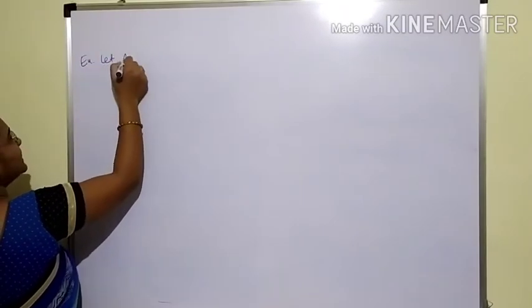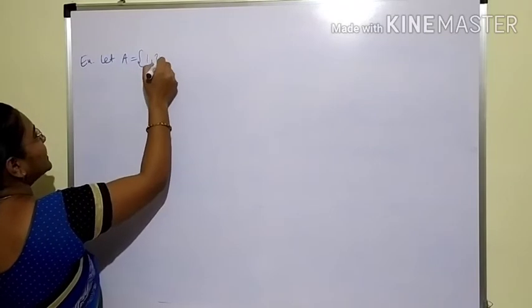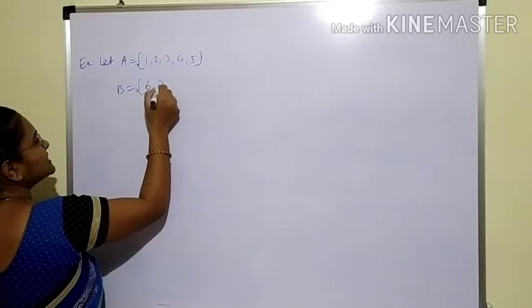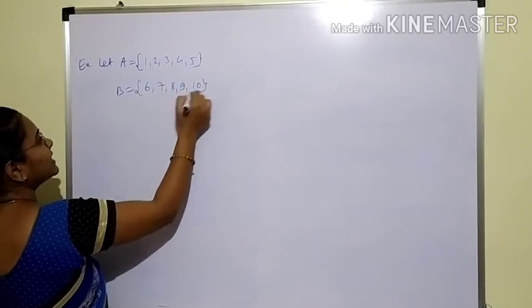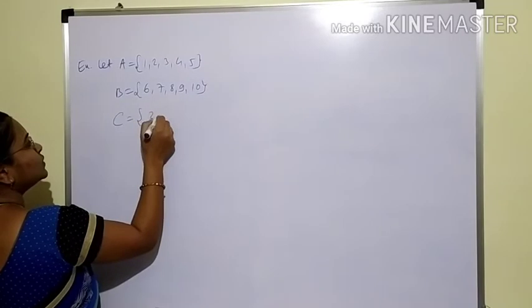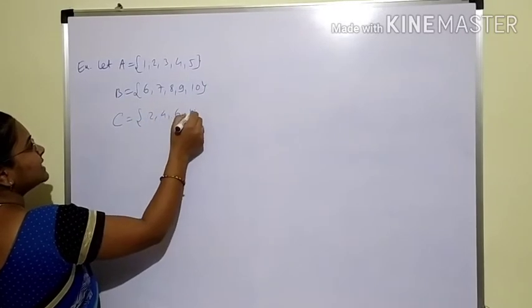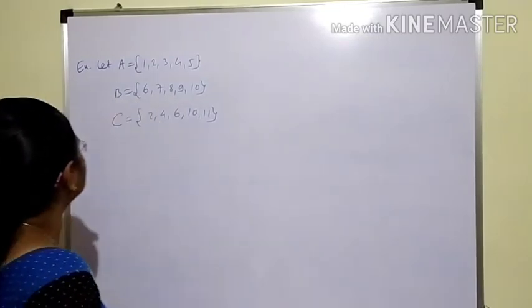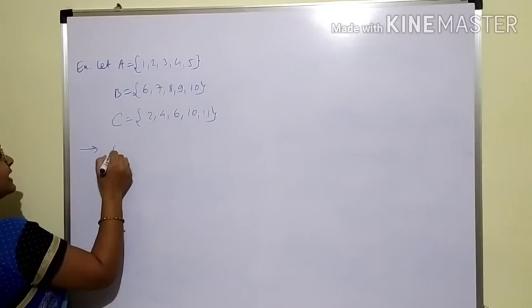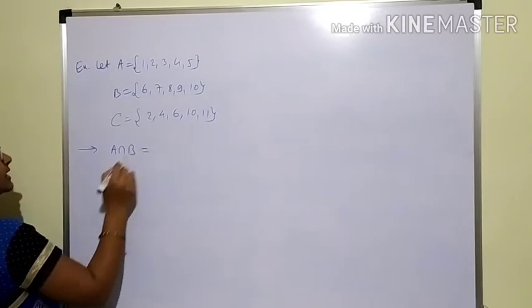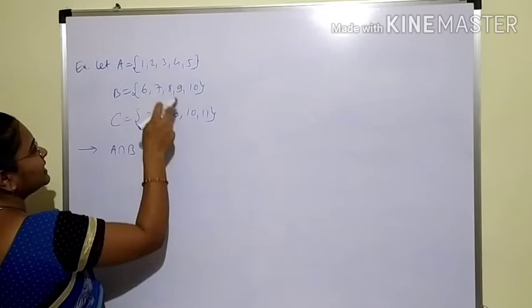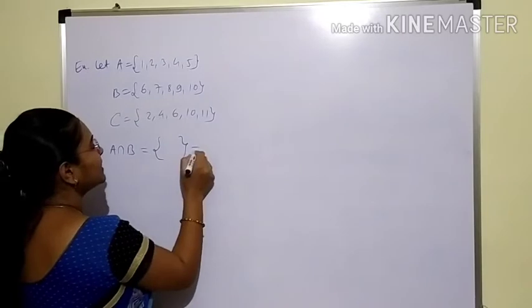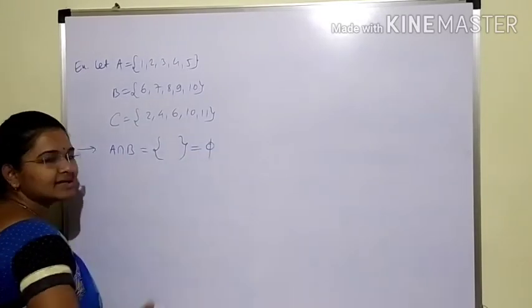So the first one: let set A have elements 1, 2, 3, 4, 5, set B have elements 6, 7, 8, 9, 10, and set C have elements 2, 4, 6, 10, 11. Okay, randomly you can take any sets. So if we take A intersection B, A and B do not have any common element, so this intersection will be an empty set.